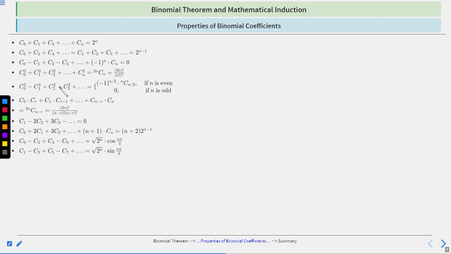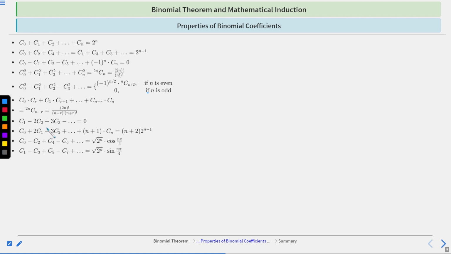Also, C0 squared minus C1 squared plus C2 squared minus C3 squared is equal to (minus 1)^(n/2) times nC(n/2) if n is even and 0 if n is odd. Also, C0Cr plus C1C(r+1) till C(n minus r)Cn can be written as 2nC(n minus r), and it can be represented as (2n)! upon (n minus r)! times (n plus r)!.